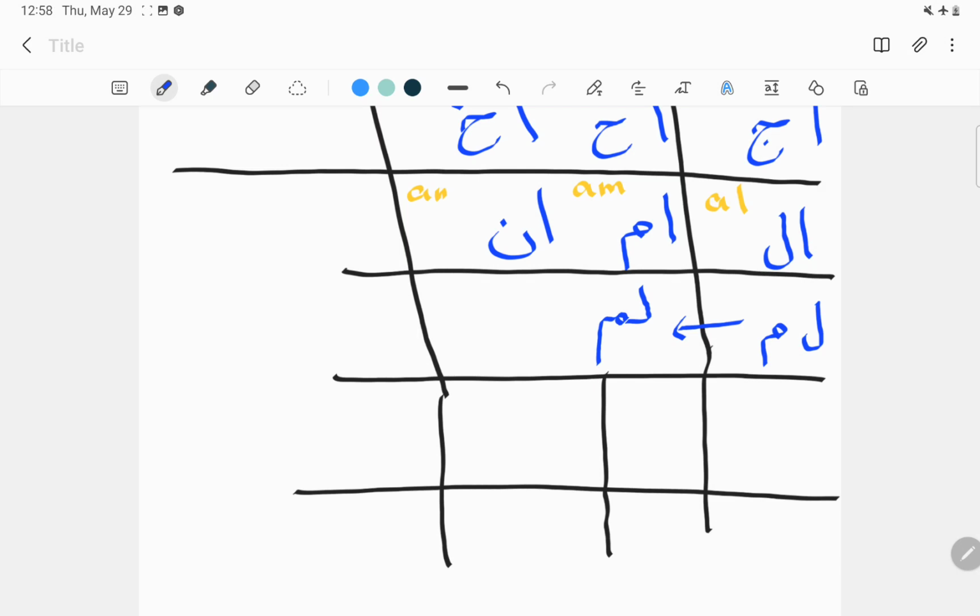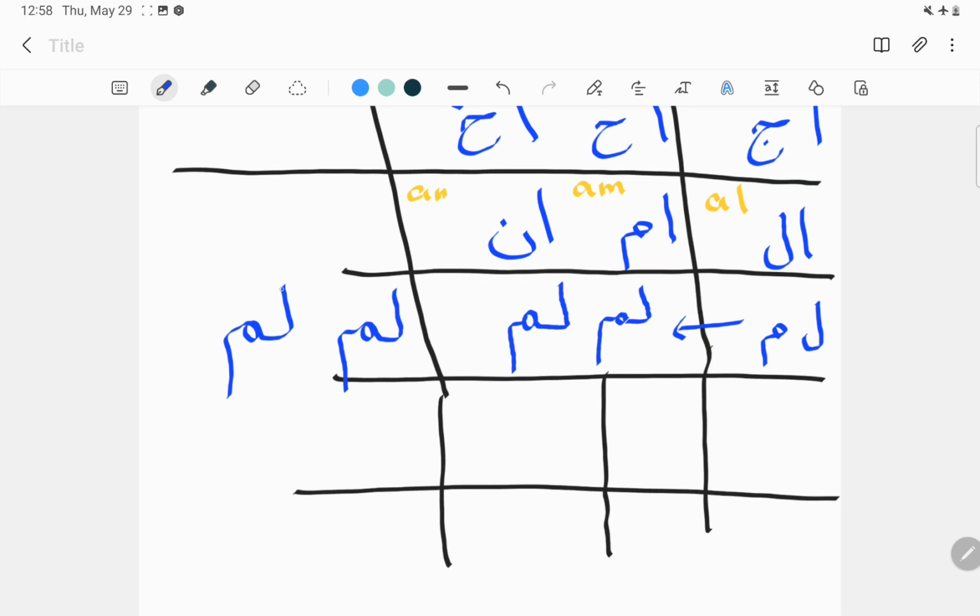It looks ugly, but the point is you have the letter lam and the letter meem. It doesn't matter how beautiful your line is right now.